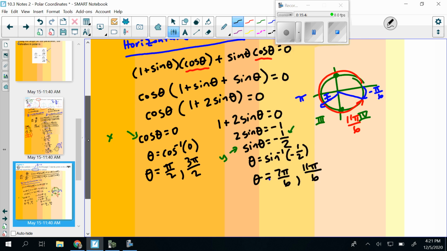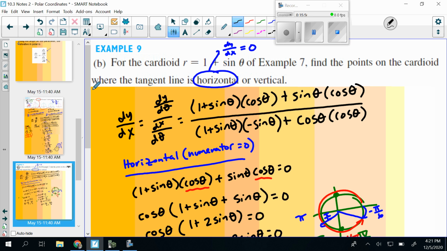They also, though, wanted where our vertical tangent lines are. That's when the derivative here, dy dx, is undefined slope, vertical.